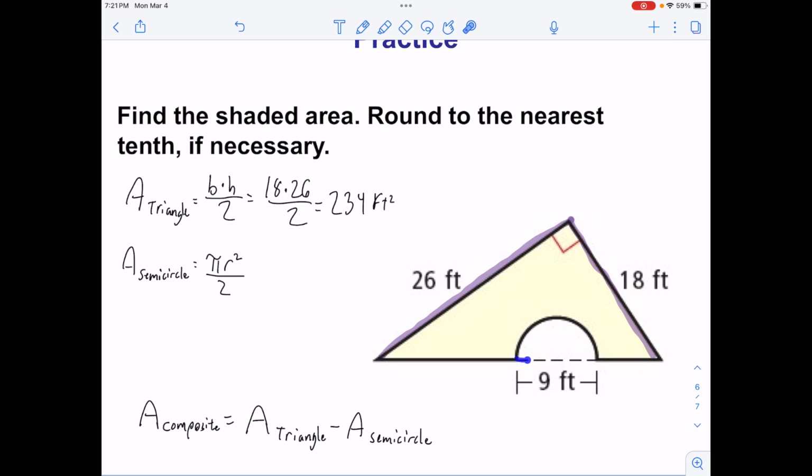The semicircle has a measurement from here to here of 9 feet. So the radius has to be half of 9 feet, so 4.5 feet. So pi times 4.5 squared over 2.